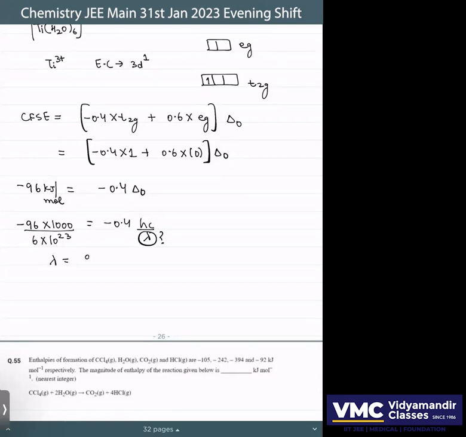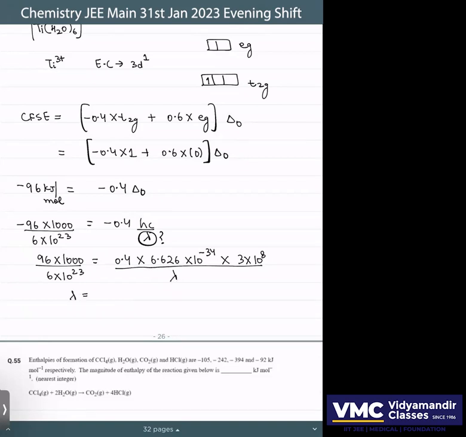It will be 96 into 1000 divided by 6 into 10 power 23 equals 0.4 into the value of h, 6.626 into 10 power minus 34, into 3 into 10 power 8, divided by wavelength.